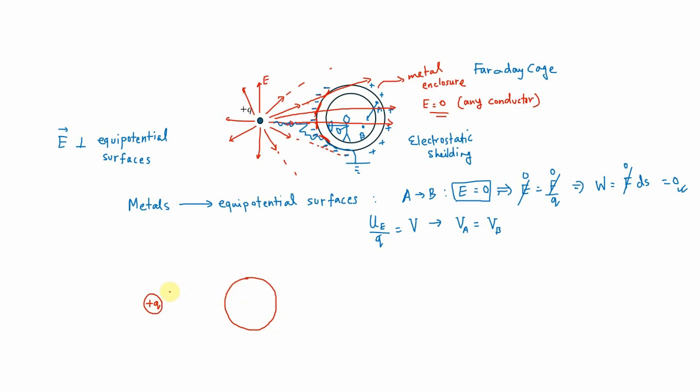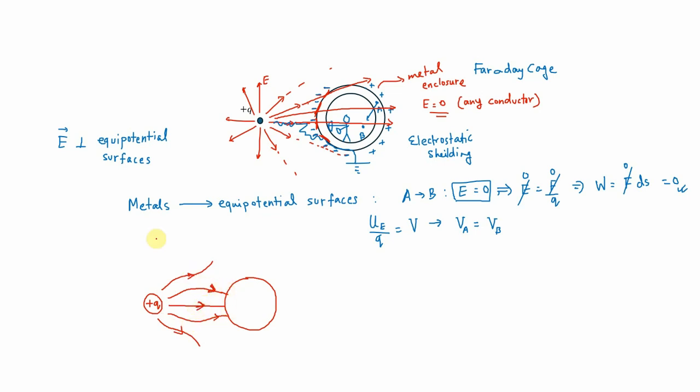how is the electric field going to change? So let's say this positive charge wants to have electric field everywhere around it, but the electric field around that point charge actually must bend, because it must maintain that wherever it intersects the metal enclosure, the electric field line must be perpendicular to that surface.